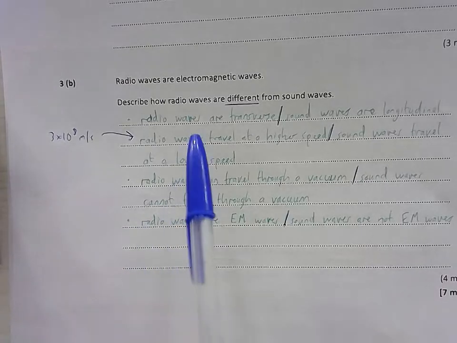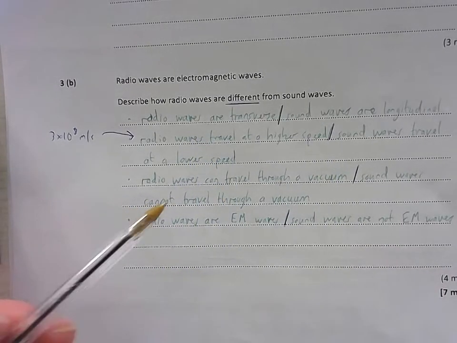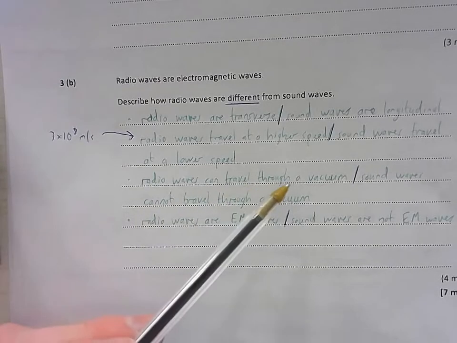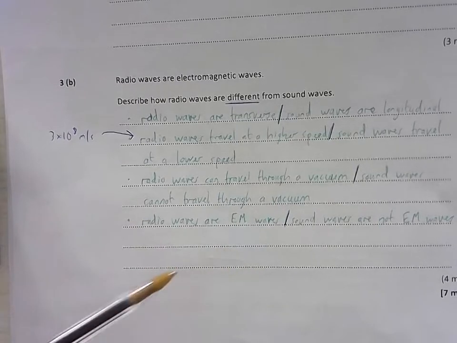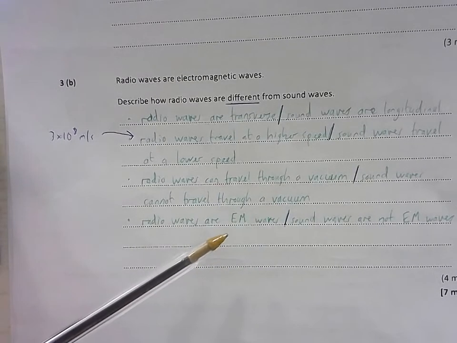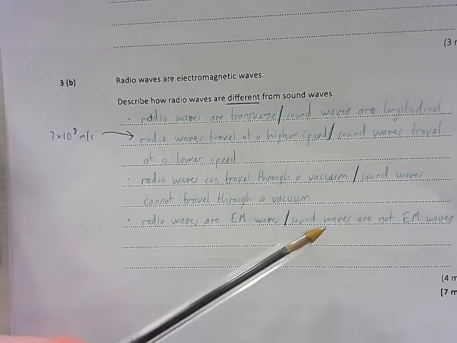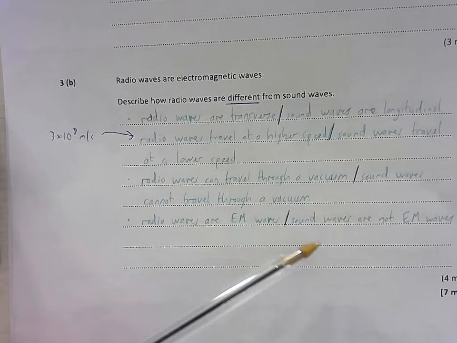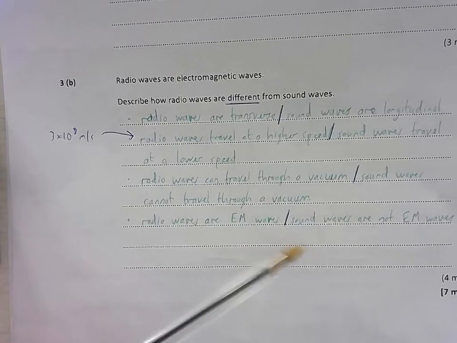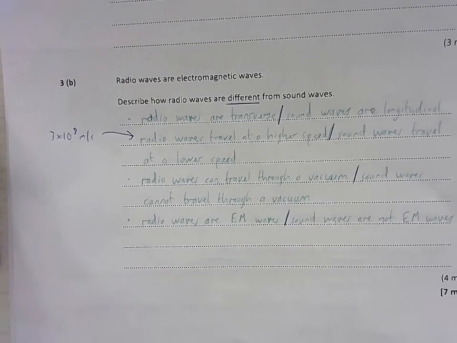But the key thing is that they are traveling at different speeds. Then your third possible mark, so radio waves can travel through a vacuum, or you could say sound waves cannot travel through a vacuum. And your fourth possible mark, that radio waves are electromagnetic waves, whereas sound waves are not electromagnetic waves. So you've got to pick out that difference. So either one of those statements will get you your 4th mark.